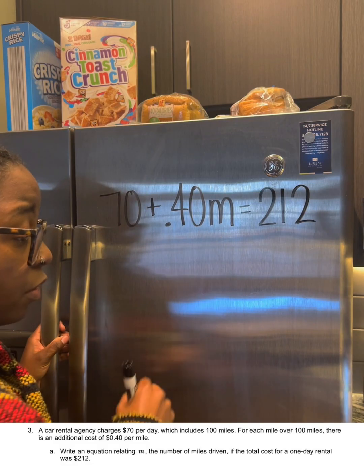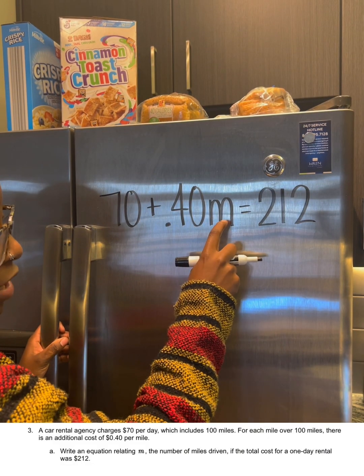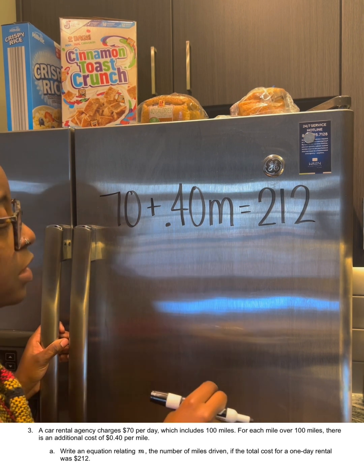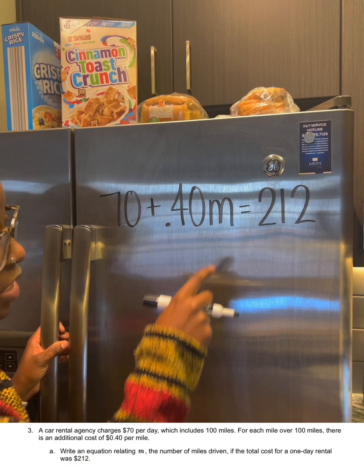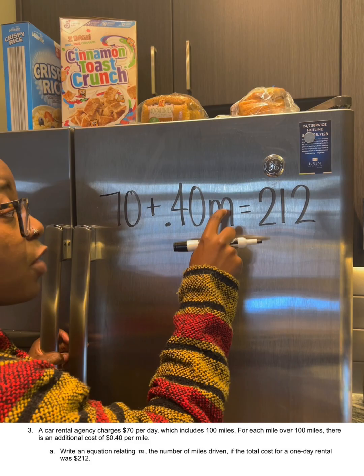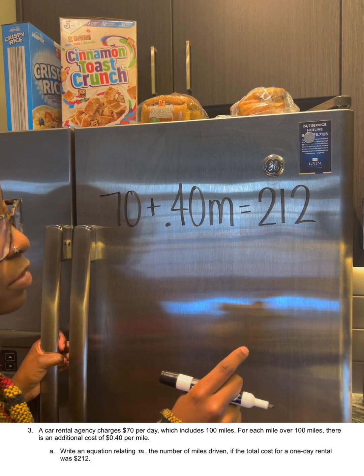This is not wrong. However, it's not including all of my information. Because remember, however many miles I drove, I gotta subtract 100 from it, because 100 of those miles are free. So I have to subtract 100 from however many miles. Do I know how many miles?